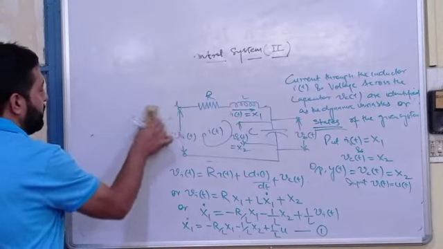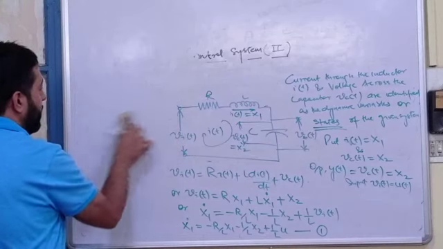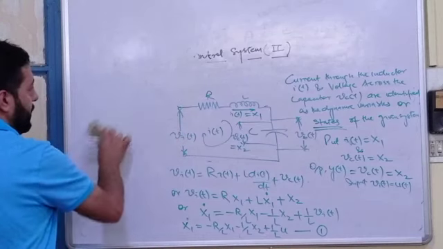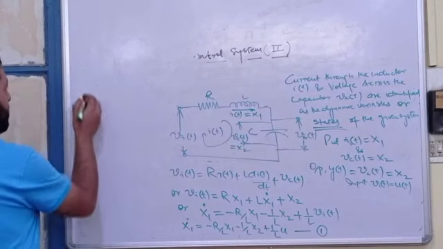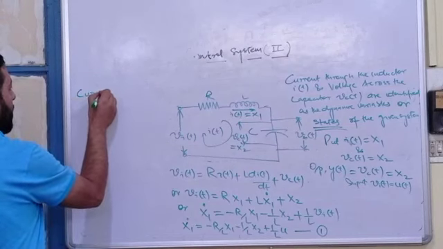Now this is one equation. Now what is the current through the capacitor equal to?